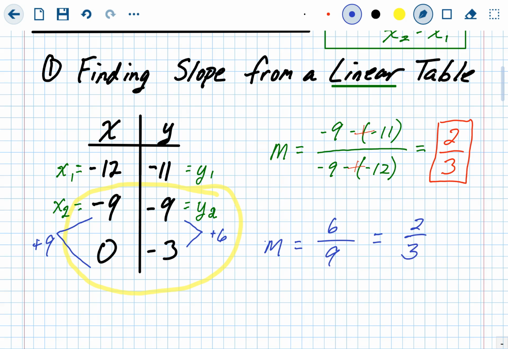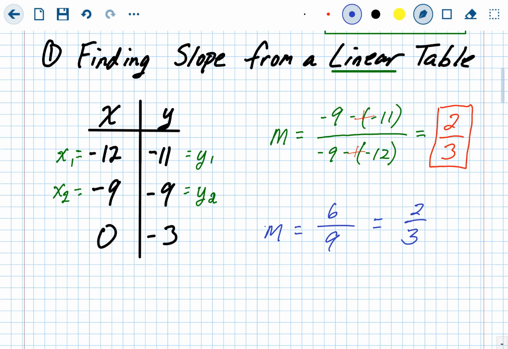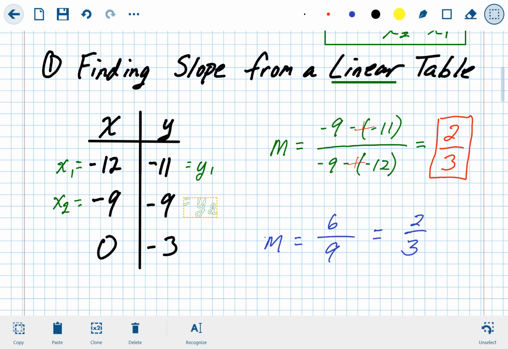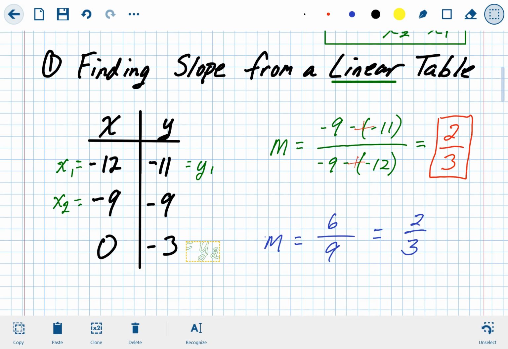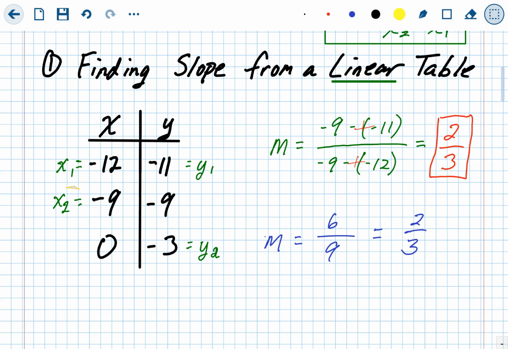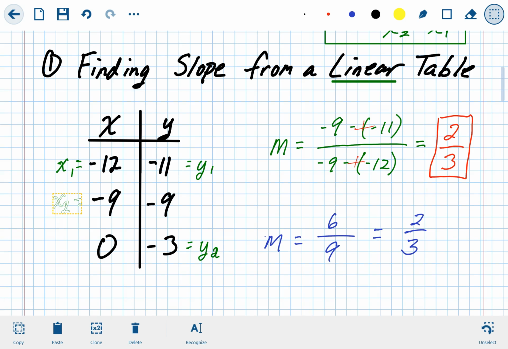And like I said, you could split the difference and try it with the top ordered pair and the bottom ordered pair. We'll get rid of that. What if our y2 was now negative 3 and our x2 is now 0?